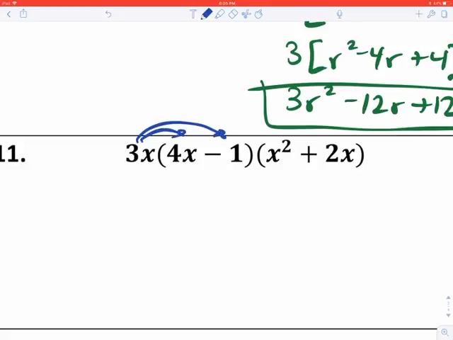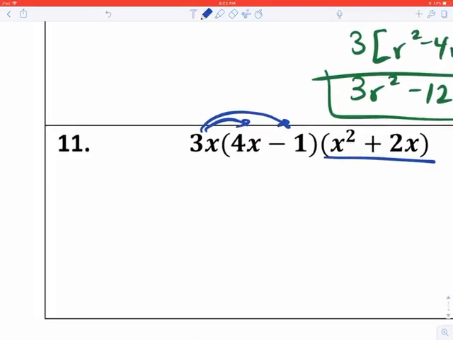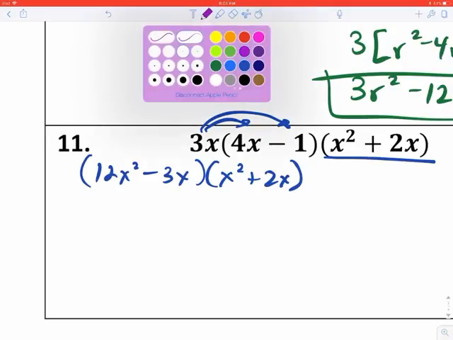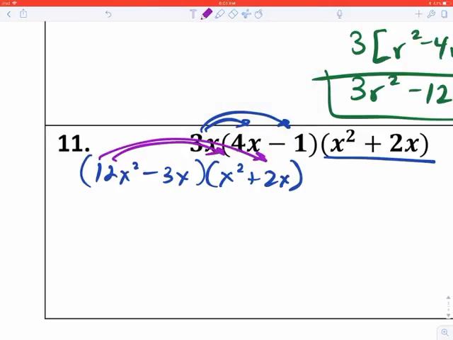Let me distribute 3x to these 2 terms, and then I will take care of that in the next step. So this becomes 12x squared minus 3x. This is in parentheses, and now I need to distribute that, FOIL, to x squared plus 2x. Let me do that in this next step. So this step right here gives me 12x cubed plus 24x cubed.